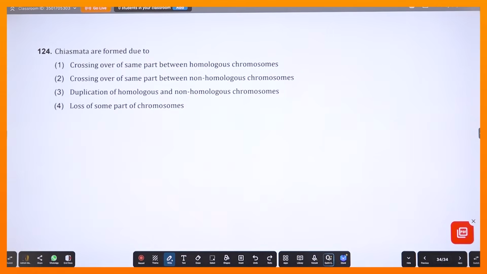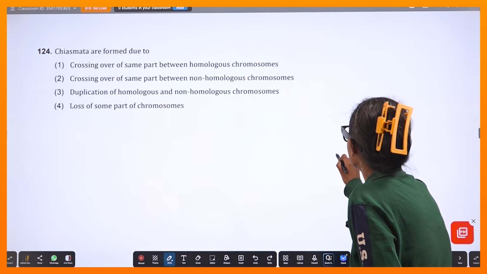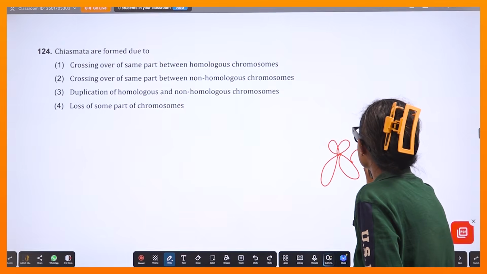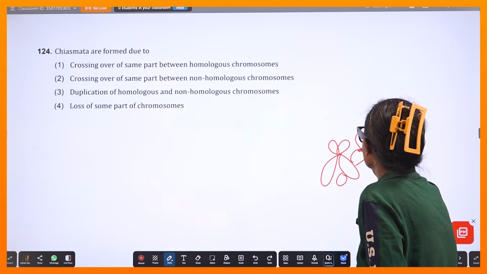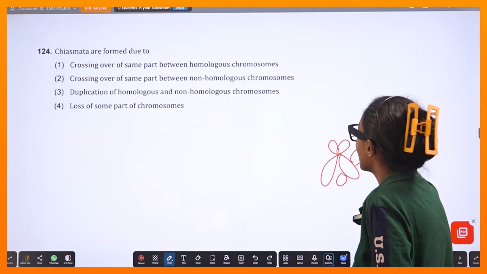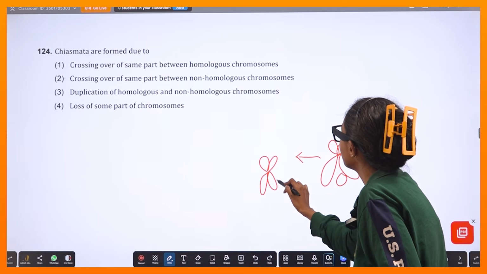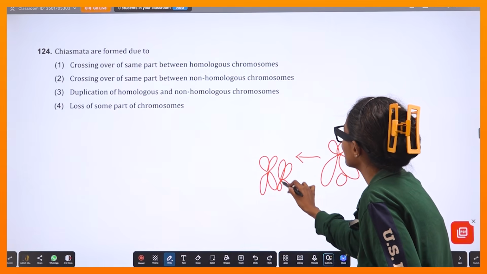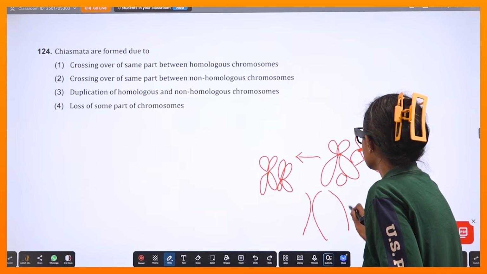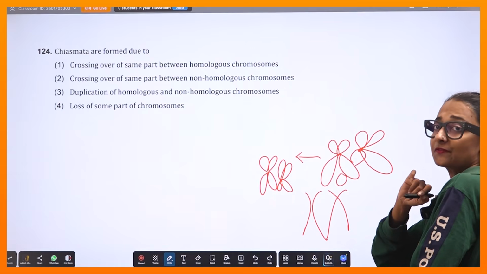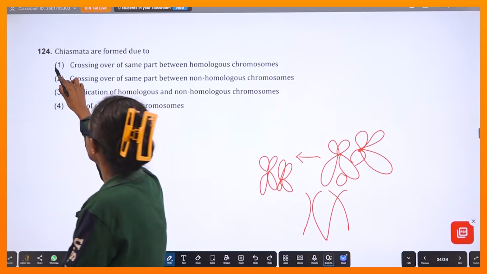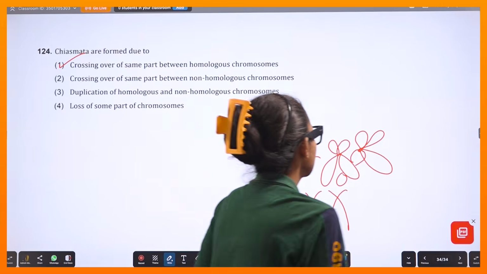Then chiasma formation will take place, and homologous chromosomes are involved in crossing over, right? After crossing over is done, the part will start terminalizing, right? Something like this, correct? Chiasma formation. So in that case, I'll go with the first option, okay?